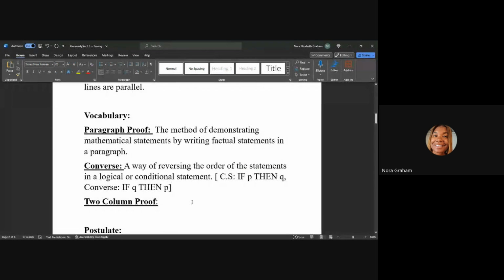And then we have a two-column proof, and this is the method of demonstrating mathematical statements by writing our reasons in two columns.